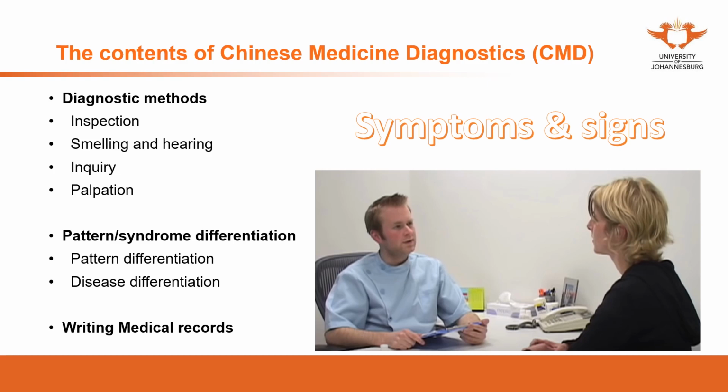So we conclude the pattern from the consultation when the patient sees us, such as a patient with a red face, red tongue, yellow coating. This group of symptoms or signs we can conclude to a pattern, but this pattern can be any kind of disease. We can't conclude to a disease from these signs only. In this study of diagnostics, we're going to study how to differentiate the patterns according to the symptoms and signs.